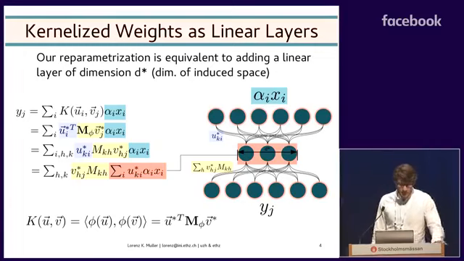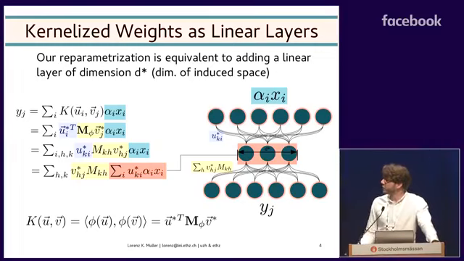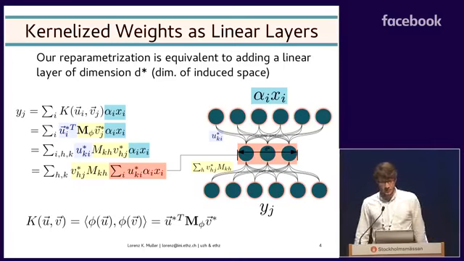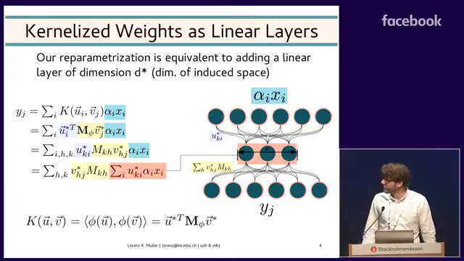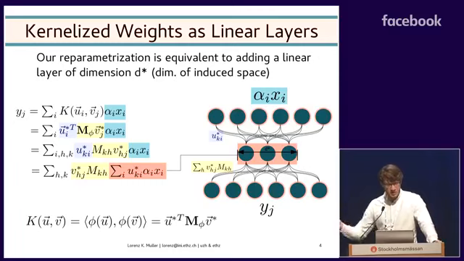Now let's quickly go through this idea. So on the top, you just see the definition I gave before. y_j equals a weighted sum of x_i. On the right-hand side, you have an illustration of what I'm talking about in terms of formulas on the left. We insert what we have on the bottom on the second line. So we insert this Hermitian matrix form of the inner product that the kernel stands for. Then we explicit the sum that's in this vector matrix product. So these are the indices h and k. Now notice that these h and k run over the dimensions of these vectors in the induced space, of the embedded vectors.